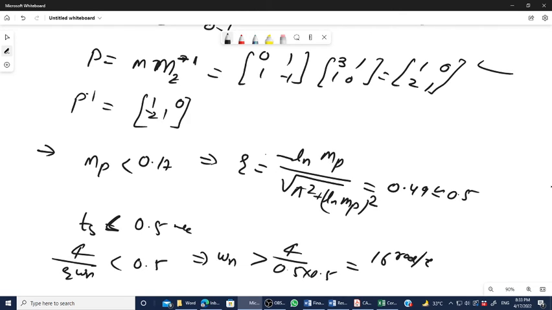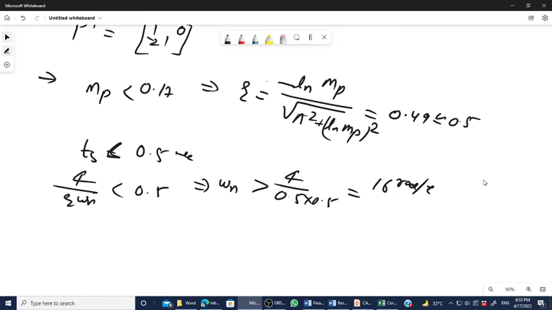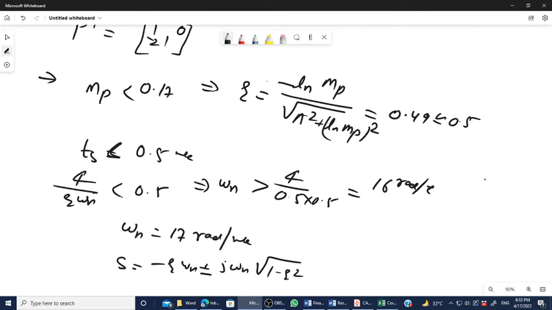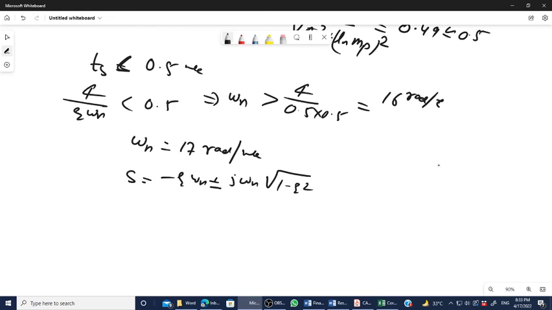Since it should be greater than this, let us consider omega n equals 17 radian per second. Based on this, you can find s equals minus zeta omega n plus minus j omega n root under 1 minus zeta squared. Based on the formula, the characteristic equation becomes s² + 17s + 289 = 0, that is s² + alpha1 s + alpha0 = 0.